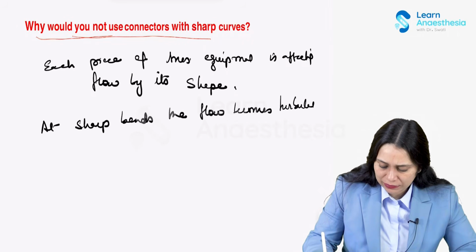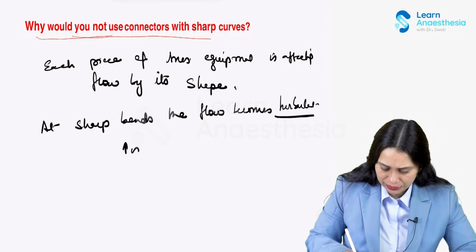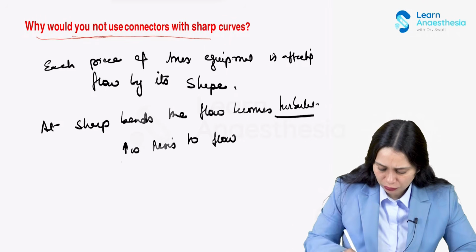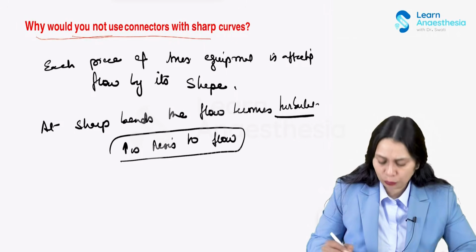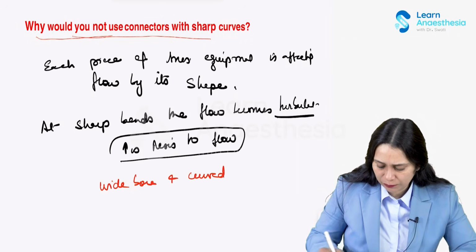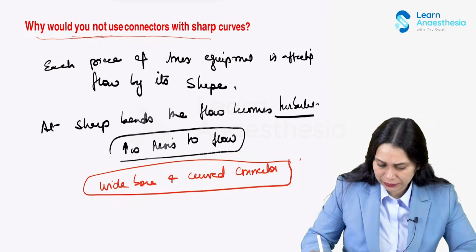So we have already discussed, if the flow is turbulent, the resistance will increase. This increases resistance to flow. So to decrease this increase in resistance, we need to use wide bore and curved connector, right? So we should use wide bore and curved connector.